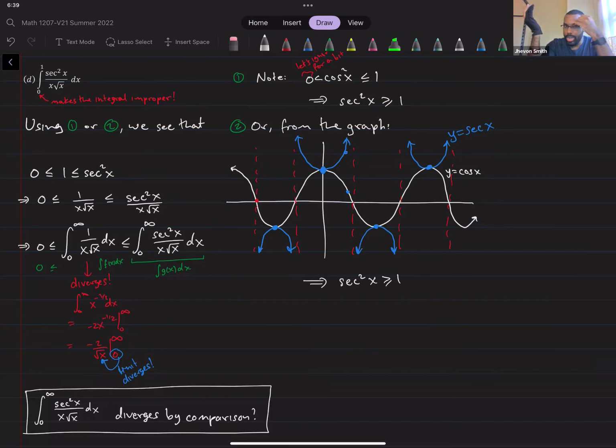And so the limit wouldn't actually exist. You wouldn't be able to actually use the limit comparison test. But yeah, here we could use the direct comparison test, set up our inequalities based on what we know about trig functions. And that gets us the answer. Namely that this diverges.